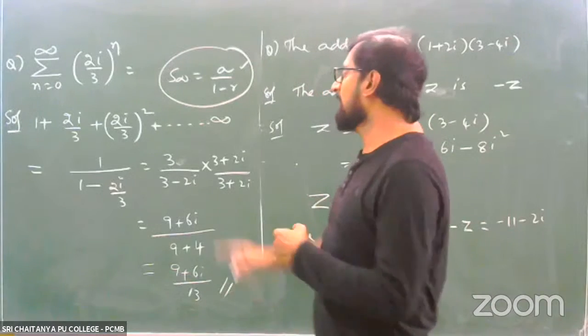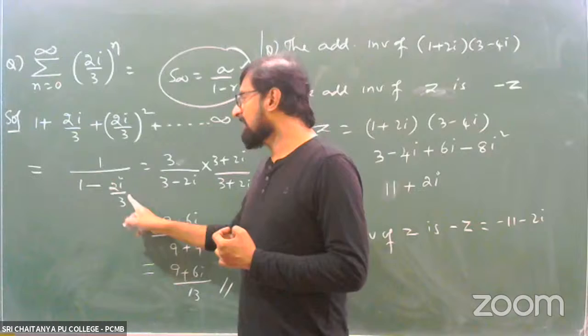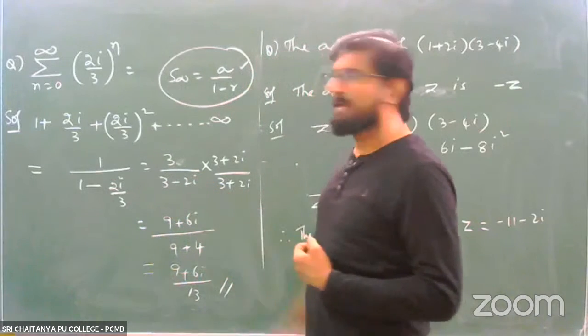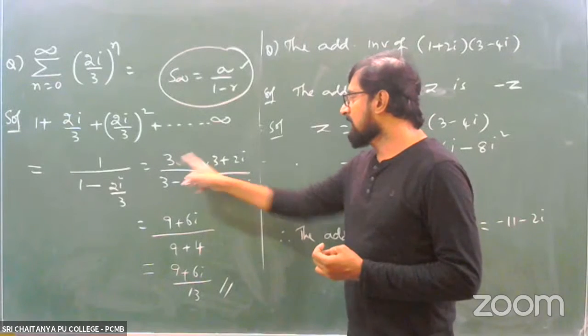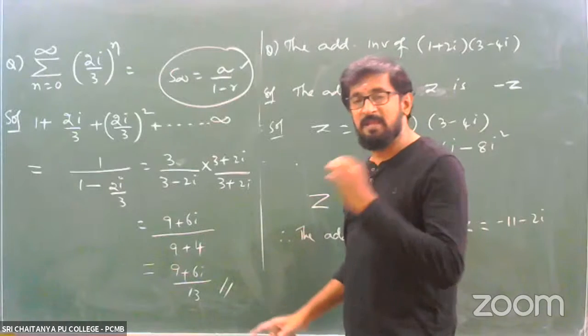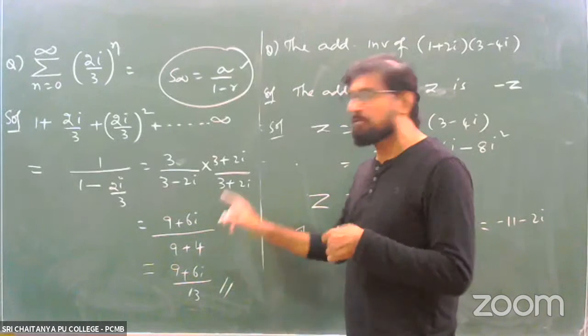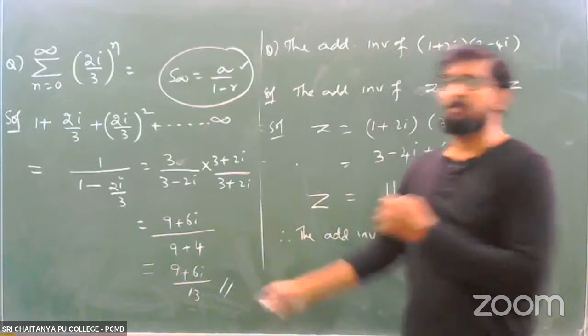So this is in the form of a by 1 minus r. So 3 by 3 minus 2i into (3 plus 2i) by (3 plus 2i). So 3 3s are 9 plus 6i by (a minus ib) into (a plus ib). You should remember directly a square plus b square, which is equals to 13. Copy this one.